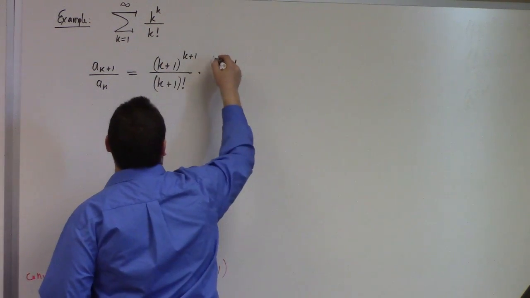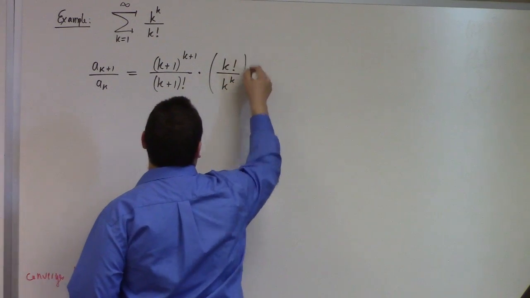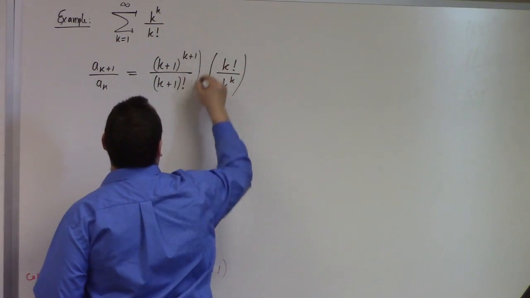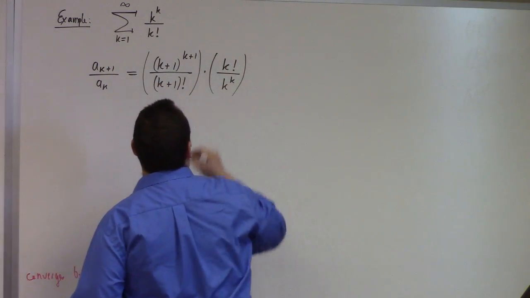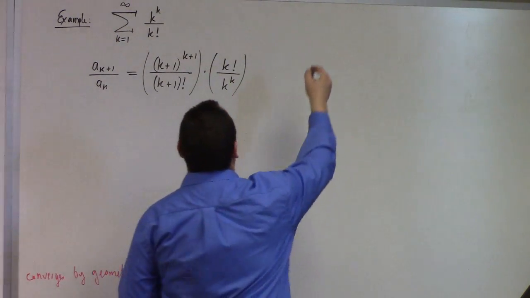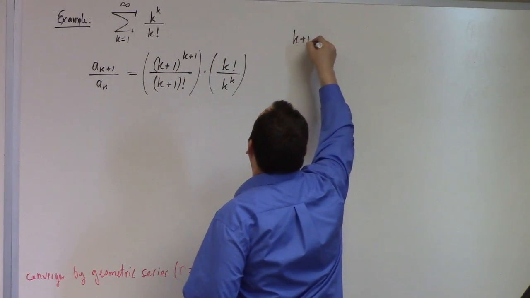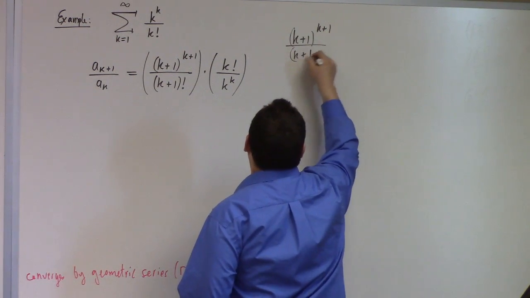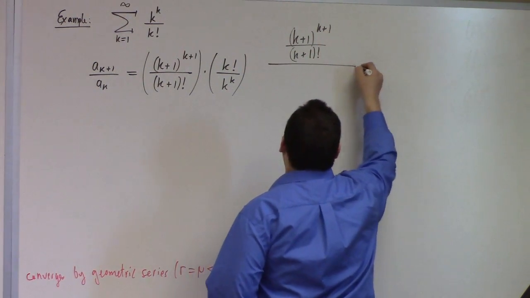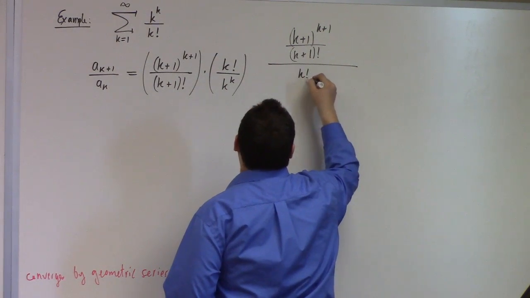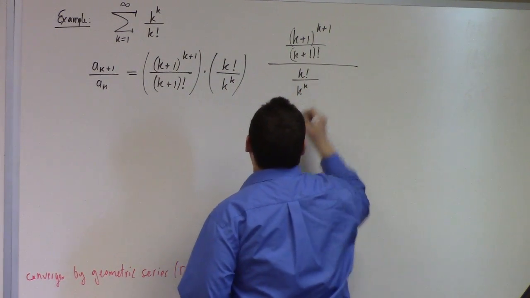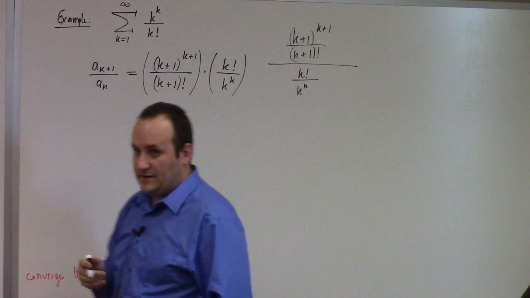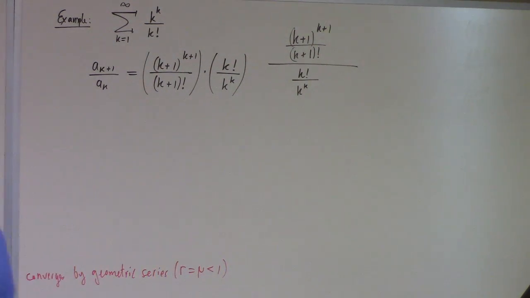I'm using a little algebra trick here. I could write it as one big fraction, but why not write it in a more algebraically useful way, as a product of two fractions?